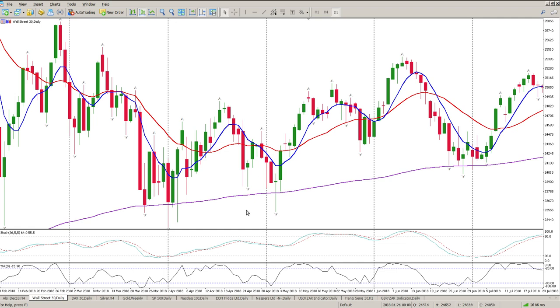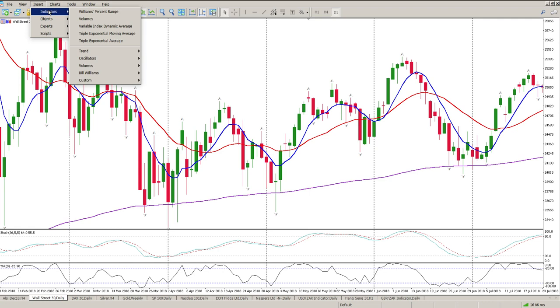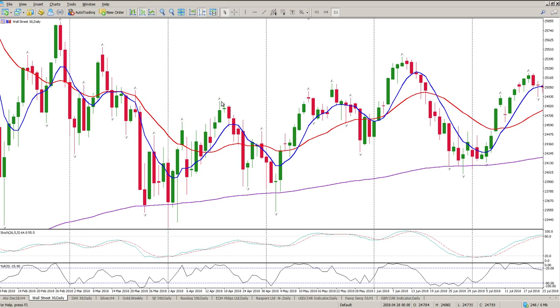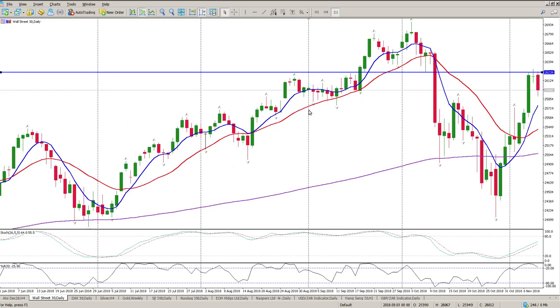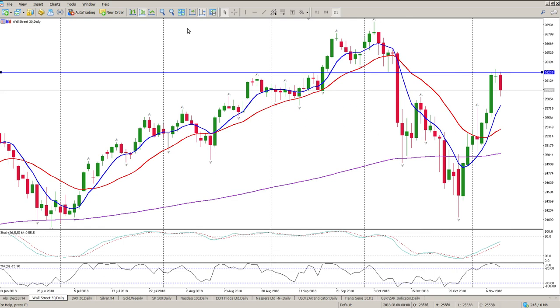Fractals are a completely separate discussion on their own, but you can put that indicator in. For me, it's normally under the Bill Williams, the Bill Williams fractals. I use fractals to identify my swing highs and swing lows, and it's also a pretty good indication of where the levels are.